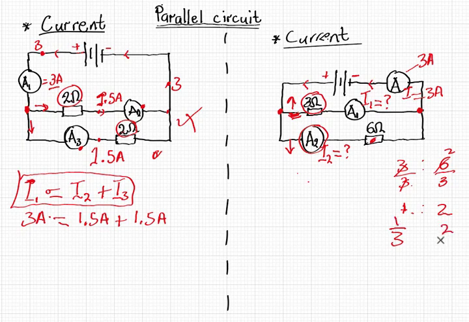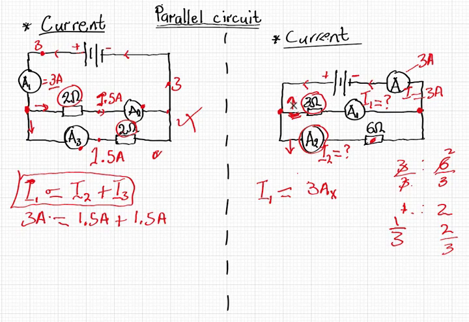1/3, 2/3. Then it will depend on the total amount of current. It's 1/3 of the total current from the power source. In this case, that's 3. So what do we say? I1, current 1, is equal to 3, which is the total current, 3A, times, there's an arrow here going up.